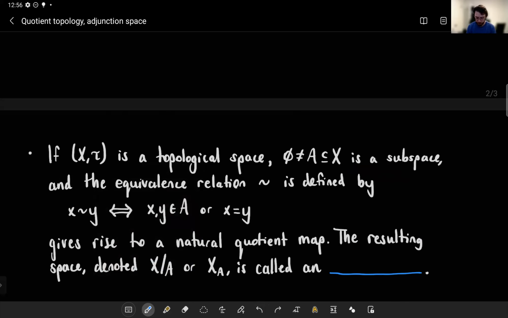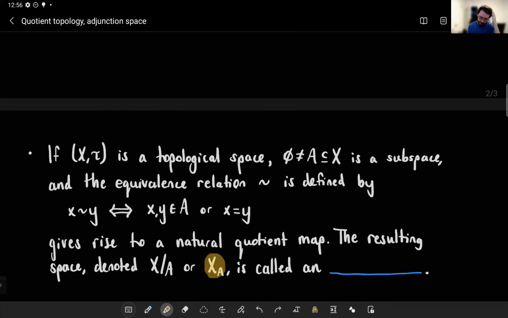And this gives rise to a natural quotient map. Whenever we define an equivalence relation, you can define some natural map that gives you a quotient space, just like we saw above. In this case, instead of writing it X mod tilde, it's more often written X mod A, where A is the subspace that's getting crunched to a point.